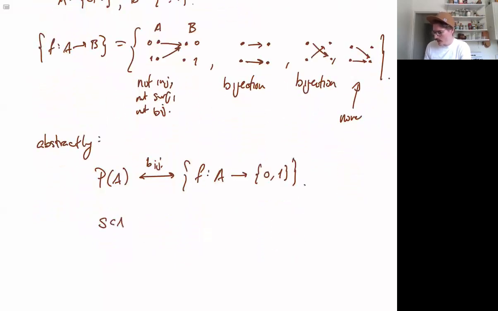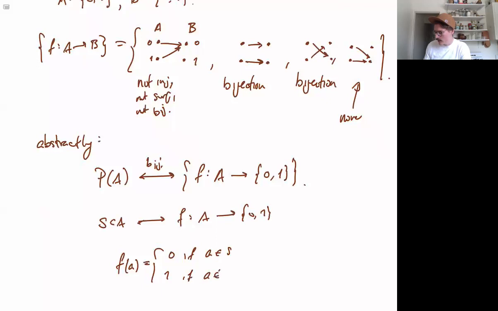And if you forget how this works, the bijection that I'm referring to is that the subset S corresponds to the function f if they're related by f(a) is 0 if a is an element of S, and 1 if a is not an element of S.